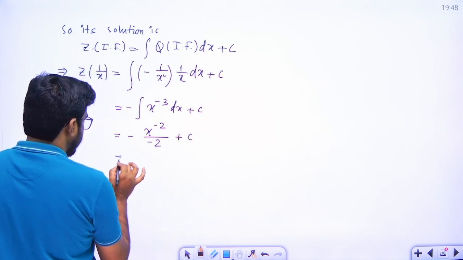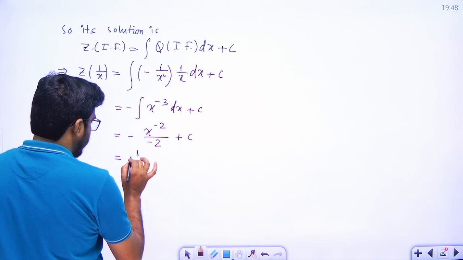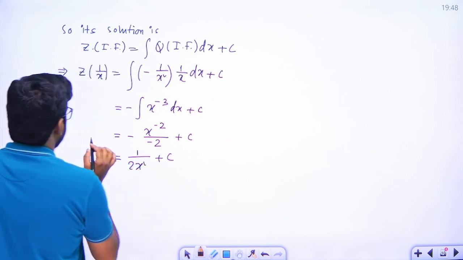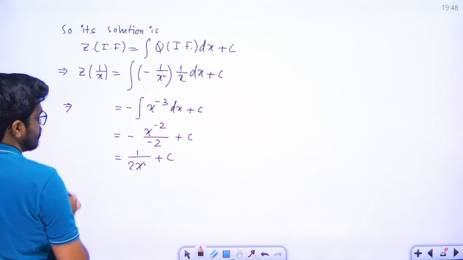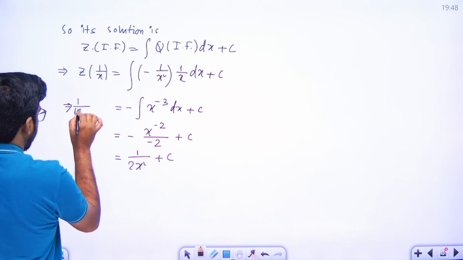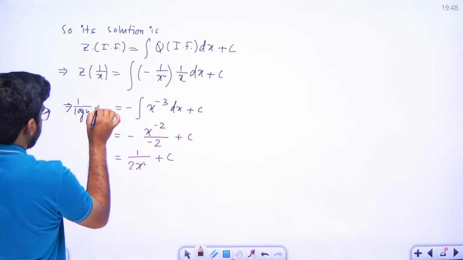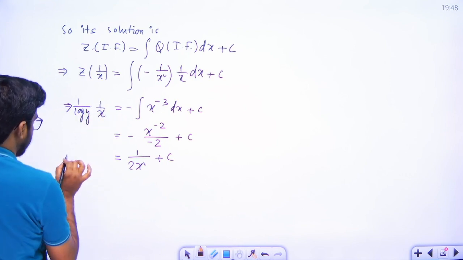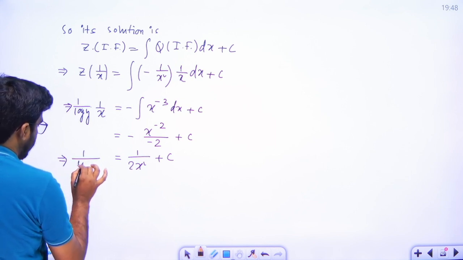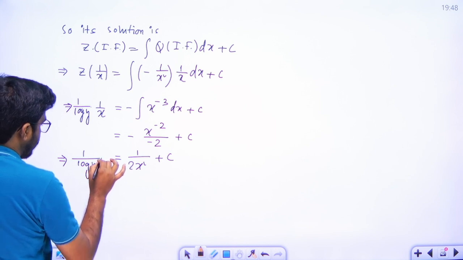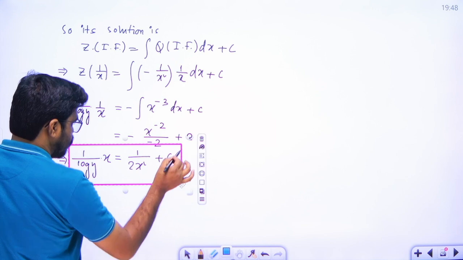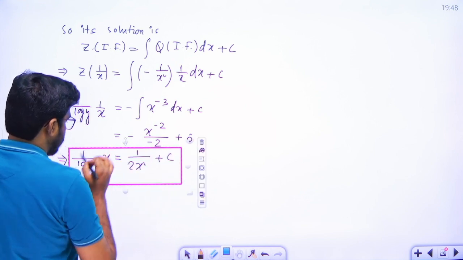So ultimately what we get, 1 by 2x square plus c. What is z? Z is 1 by log y, right? So 1 by log y into 1 by x, so 1 by log y into x. So this is the required solution, okay?